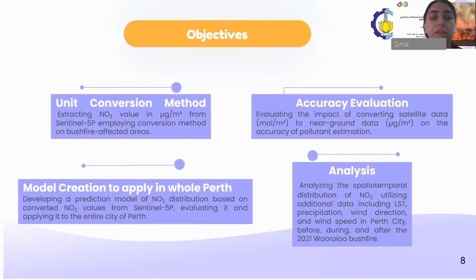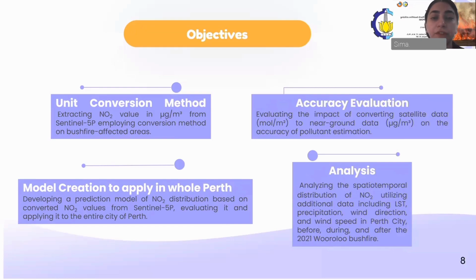The objective of the research was to do the unit conversion method that changed the units from mole per square meter to microgram per cubic meter. And then from the result, create the model to apply in the whole area.